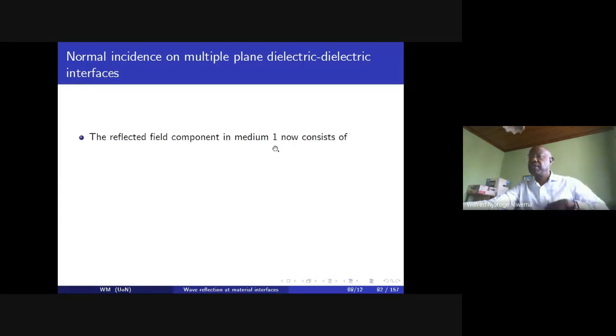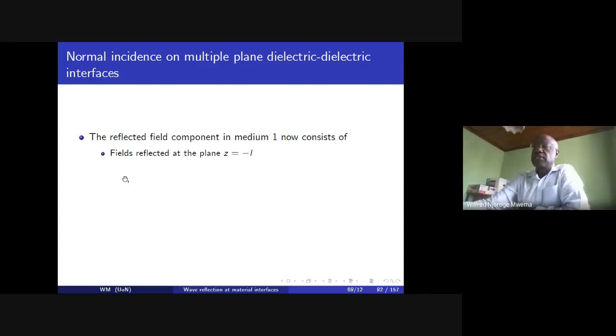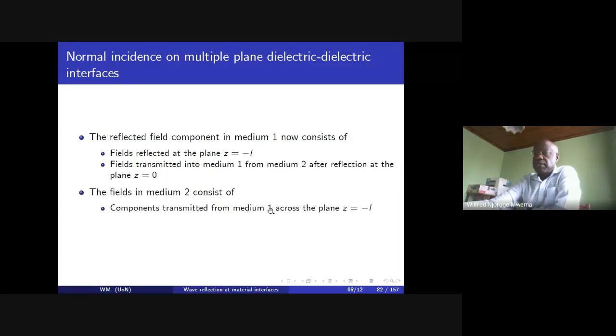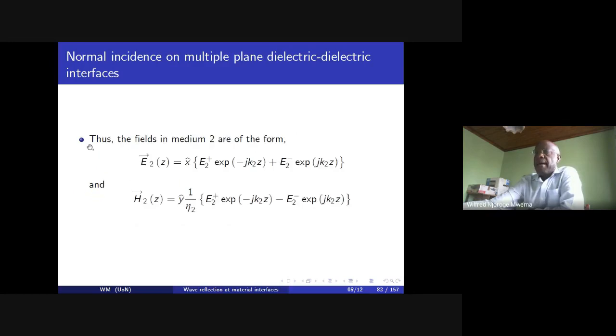Now, the reflected field component in medium 1 will consist of fields reflected at the plane at z equal to minus L, and fields transmitted into medium 1 from medium 2, after reflection at the plane at z equal to 0. The fields in medium 2 consist of the components transmitted from medium 1 across the plane and the reflected components from the plane at z equal to 0. And therefore, the medium 2 fields are going to be given by the following form.